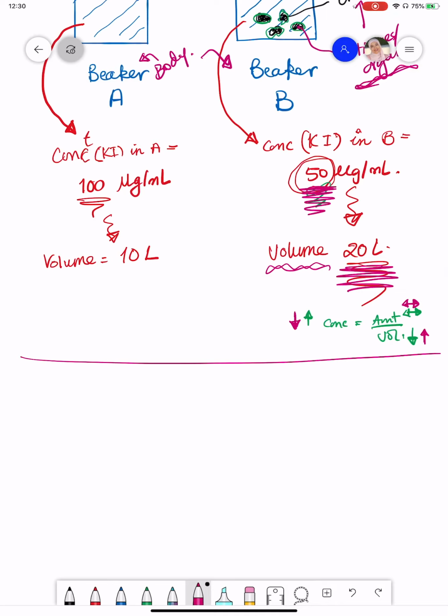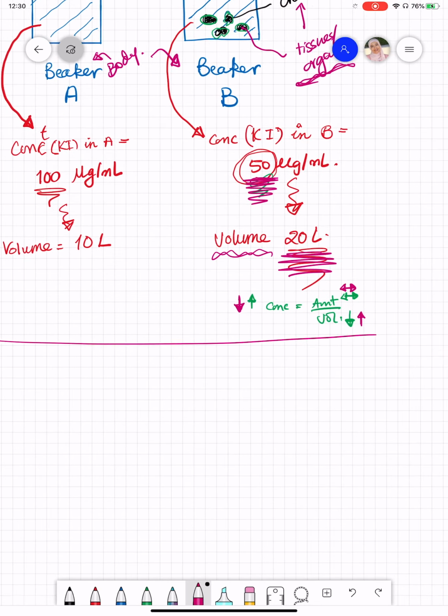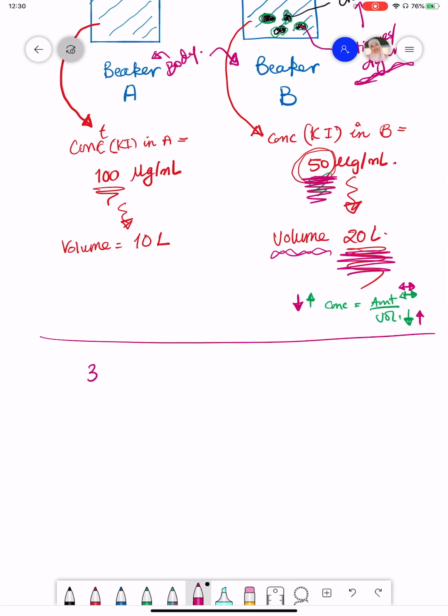So if we are talking about, let's say, an adult male with 70 kg weight, we know that the plasma volume is usually around 3 to 5 liters, or 3.5 to 4.5 liters, it depends.